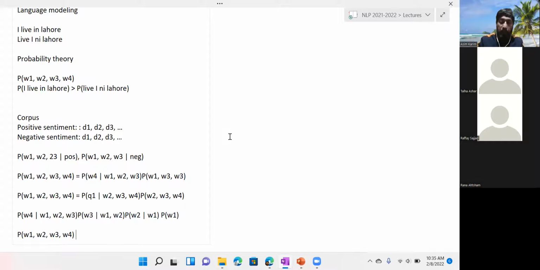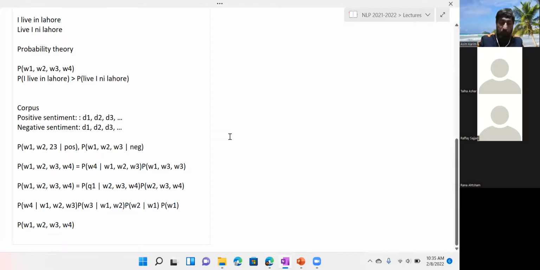To estimate this, we can also estimate W2 given W1, and similarly the others, W3, and so on.